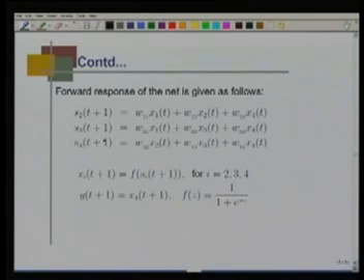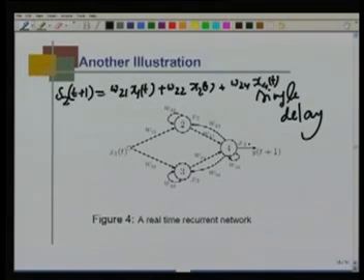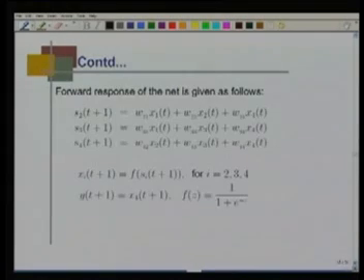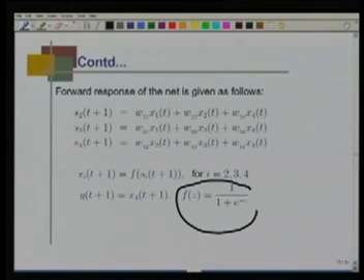And finally, the response of the network is Yt plus 1, which is X4 T plus 1. So, that is what we write here, Yt plus 1 is X4 T plus 1. Okay. And all activation functions are sigmoidal f.